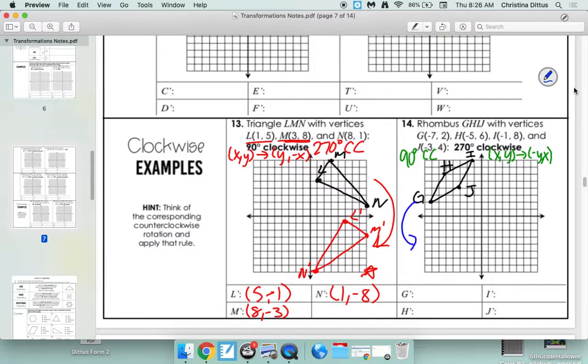All right, so our rule (x, y) becomes (negative y, x). So if I have this (negative 7, 2), first off, let's flip it to negative 7. And then the y value needs to become negative, so I'm going to have negative 2. If I graph (negative 2, negative 7), that puts me in the correct quadrant.